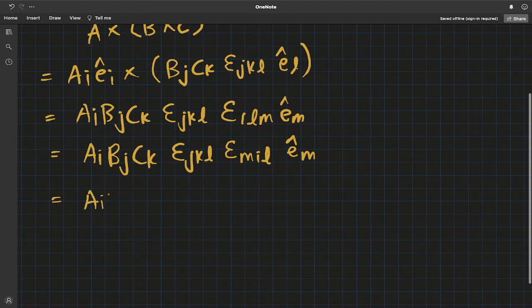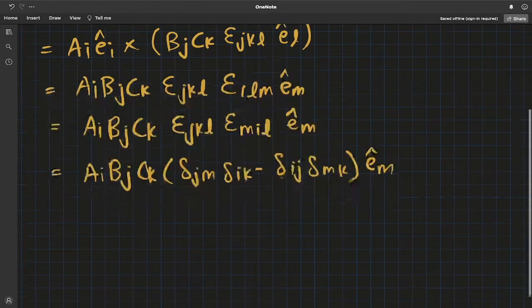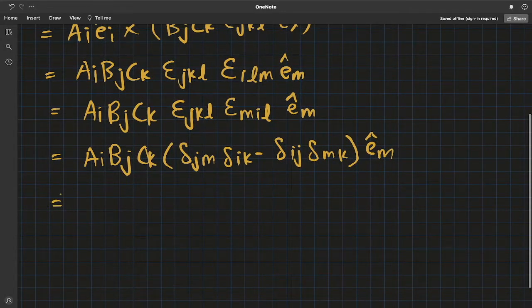Now we can readily use Levi-Civita identity. We'll have delta_jm delta_ik minus delta_ij delta_mk e_m hat. Now what we can do is again contract over the indices for each of these cases.